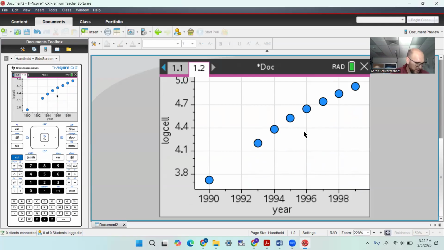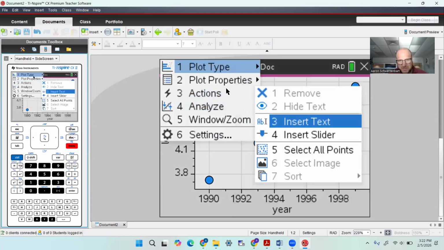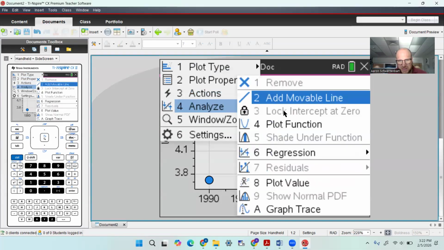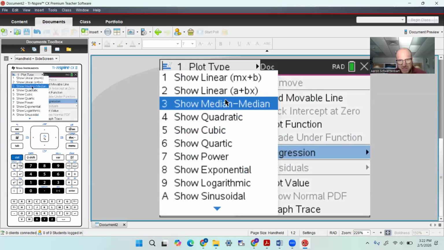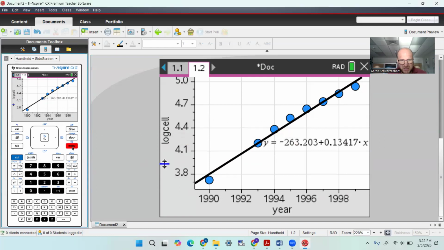If I do the whole thing, I can make a linear equation. I can do a linear regression here. Menu, analyze, regressions, show linear. So now I've got my linear regression.